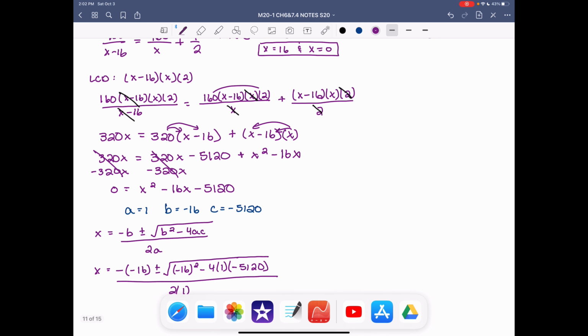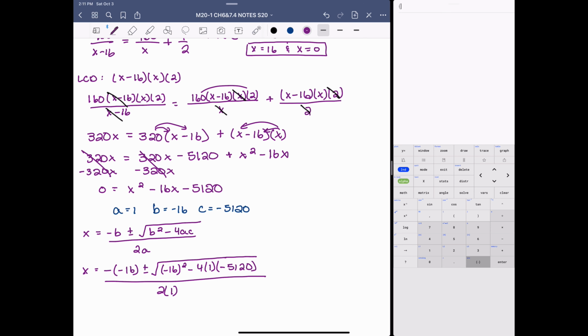Let's calculate what's under the root sign. Bracket negative 16 close bracket squared minus 4 times 1 times negative 5,120 gives us 20,736. We get x equals negative 16 is just 16 plus minus square root of 20,736 divided by 2. Let's calculate each situation, the plus and the minus.